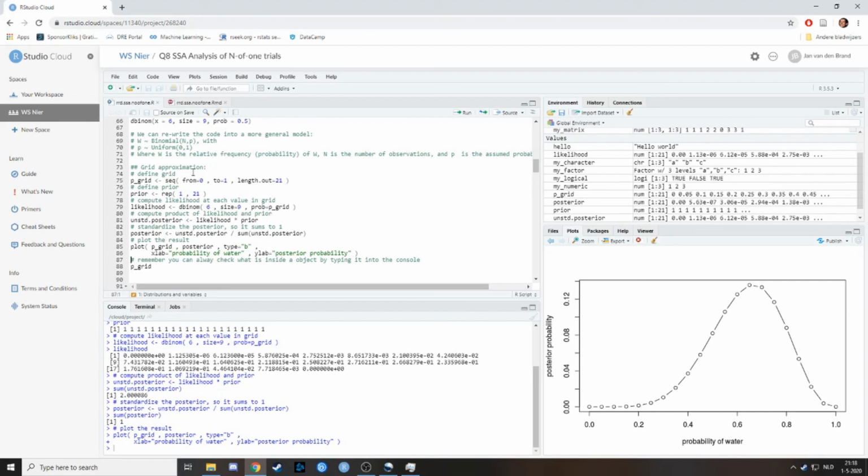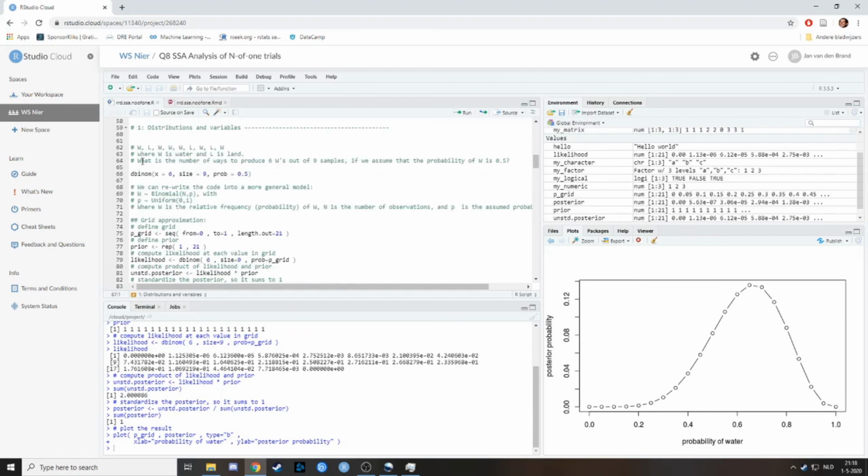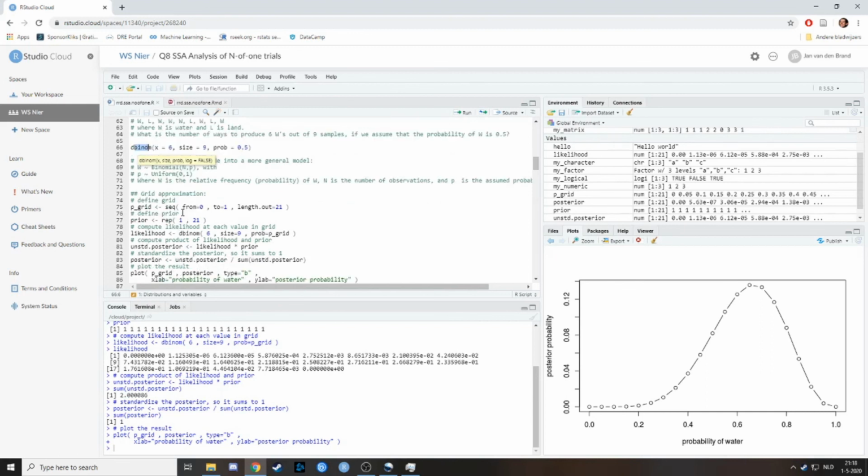What you do is you think about what would be a distribution or a likelihood function that fits the outcome, where we have 2 options here, water and land. So the binomial distribution is what you would use. Then you define a prior probability, or a range of possible prior probabilities over which you're going to search.